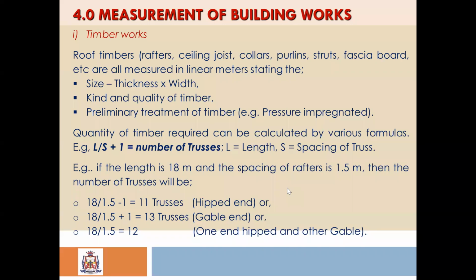Now, if one end is hipped and the other is gabled, then you don't add, neither do you subtract. You just get the division, and that is all. So this one goes to you. I will give one example, which is majorly hipped, and that is what we shall go for. But assuming the examiner tricked you, because that is the work of the examiner.